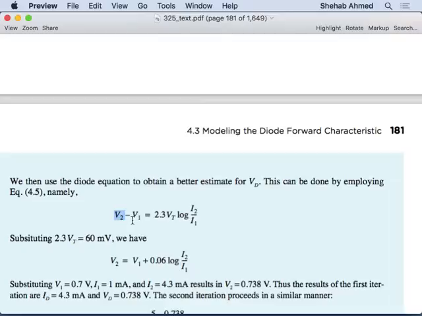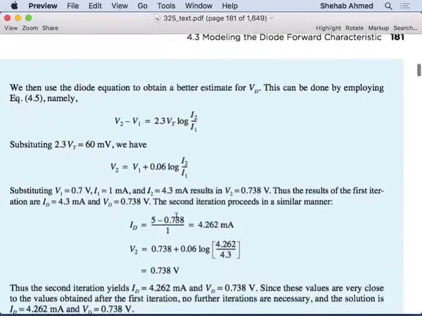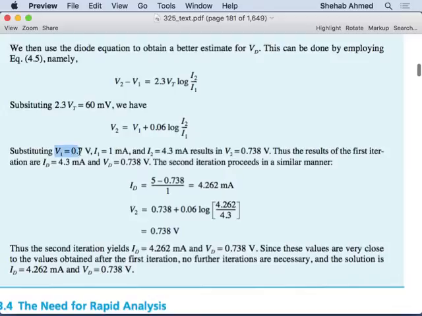I1 is 1 milliamp, that's the initial guess, and I2 is the one we calculated after the first iteration. I calculated a certain current, and I want to calculate a voltage after the first iteration, which is V2.